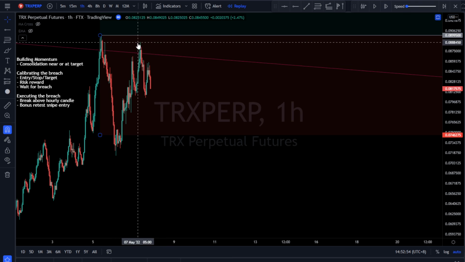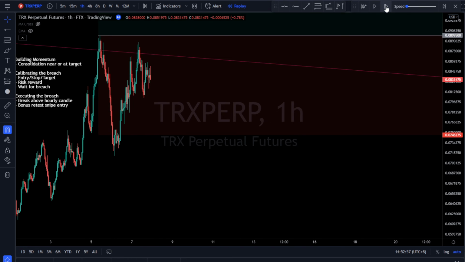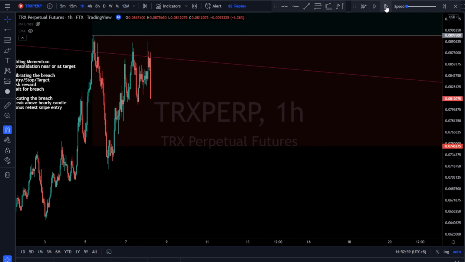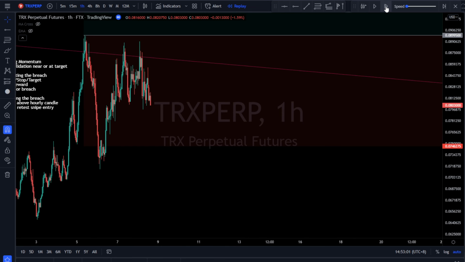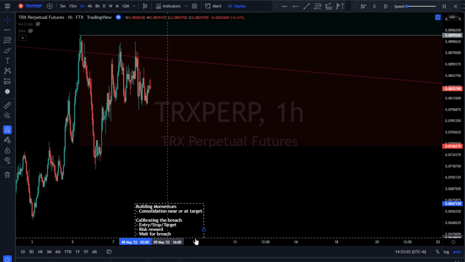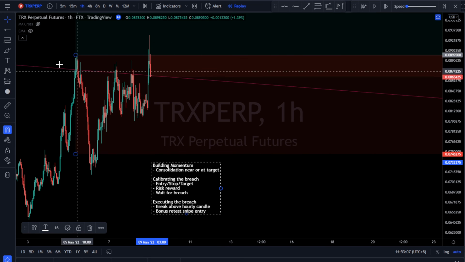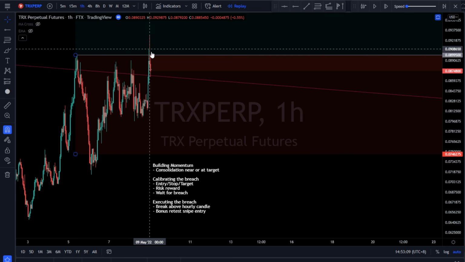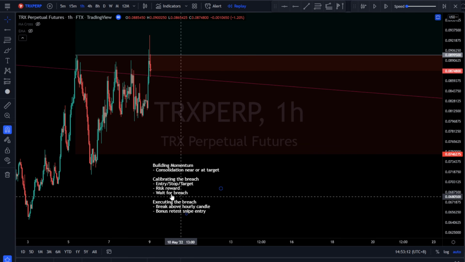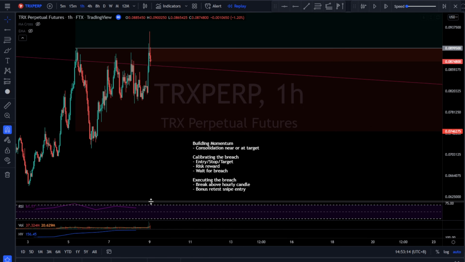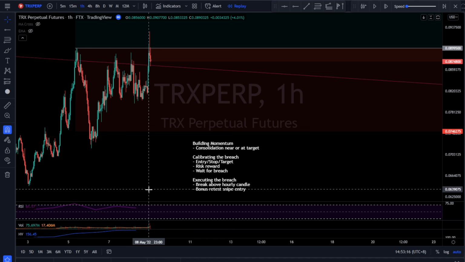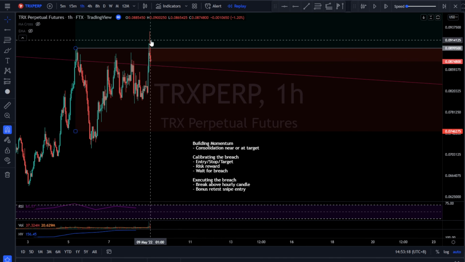Same thing happened here again. And there we go. We entered the trade on the break over here. It's supposed to be explosive, so we see again volume was very high during these few bars.